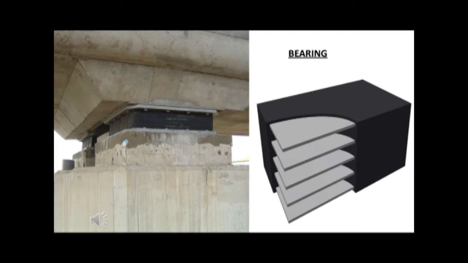Also thermal expansion and contraction, and also the settlement of the supports in any case, for example inappropriate construction in foundation or whatever may be the reason. So neoprene or any type of bearing is provided so as to help the bridge structure to stand still and to support the load.